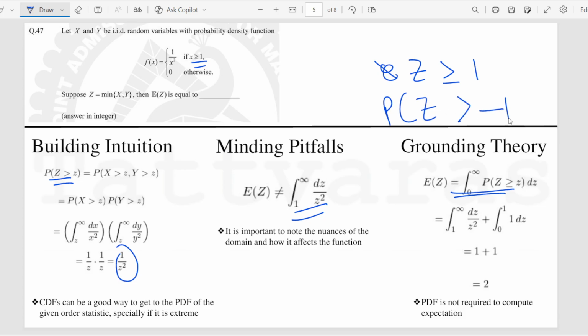So even if it is minus 100, it is 1. Probability of z being greater than minus 100 is 1, and similarly probability of z being greater than 0, and whatever value between 0 and 1, this expression will be 1. It's very logical, but I mention it because it's a pitfall.